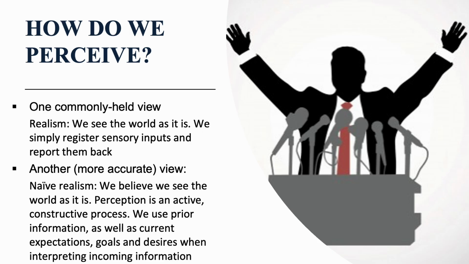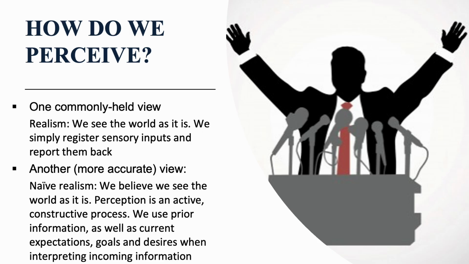We believe we see the world as it is, but remember that perception is an active and somewhat constructive process. So we use prior information as well as our expectations, our goals and desires, and so forth, when interpreting incoming information.